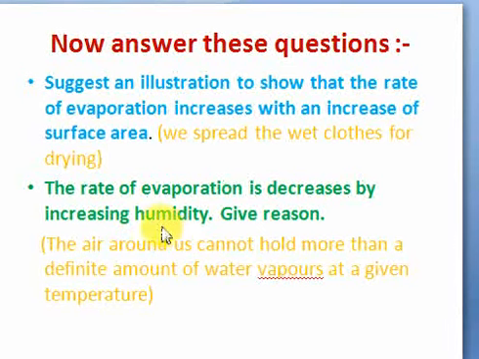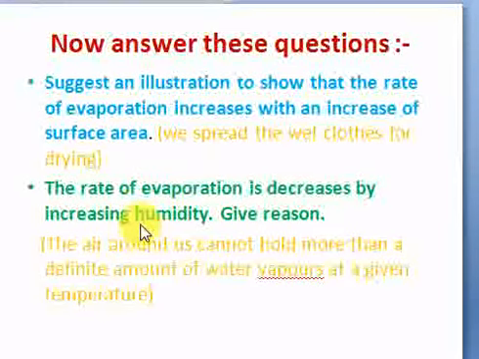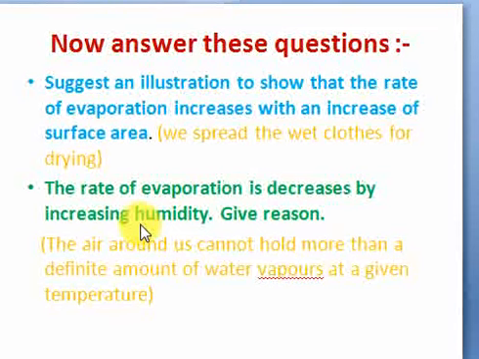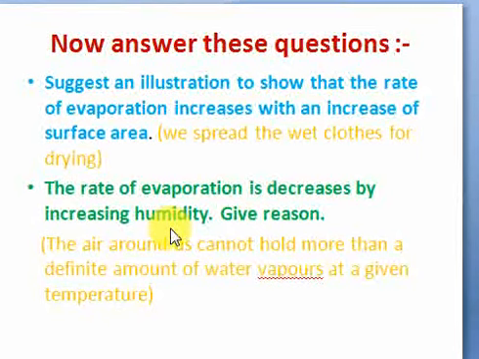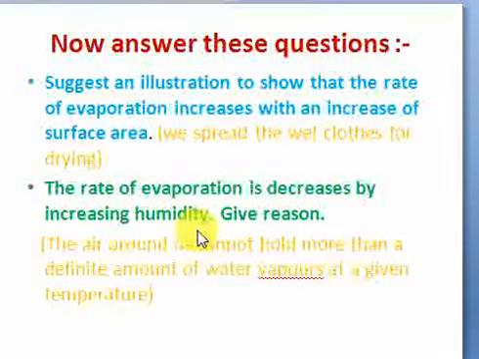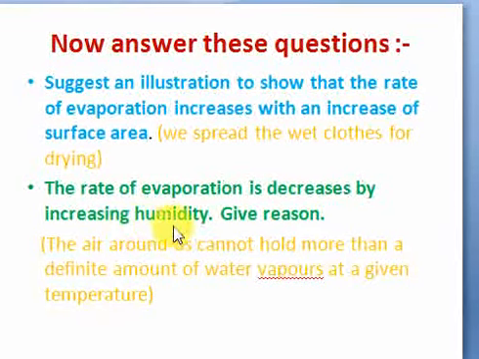It is your common experience that wet cloth takes a long time to dry during the rainy season when compared to the summer season. Why do clothes dry soon in the summer season than during the rainy season? This is because the humidity during the rainy season is more. That means the atmospheric air contains a large amount of water vapor during the rainy season than during the summer season.